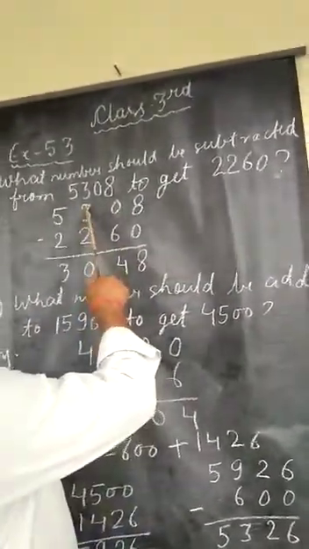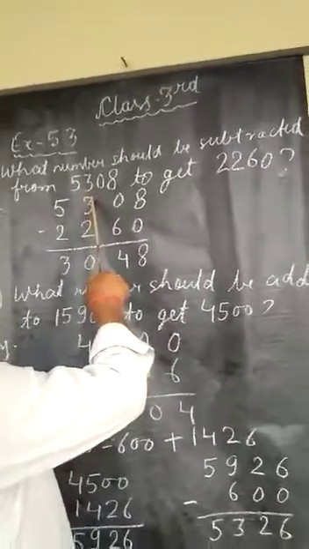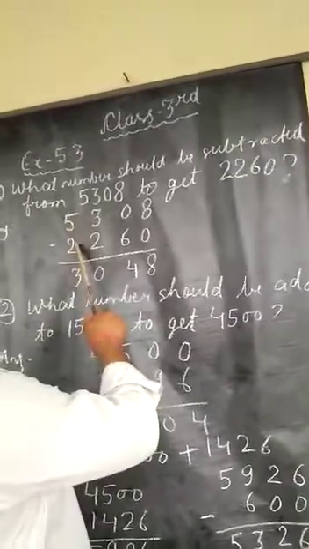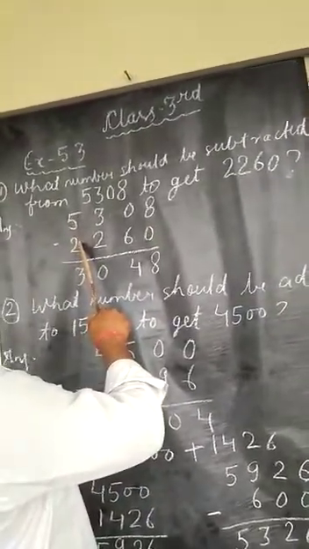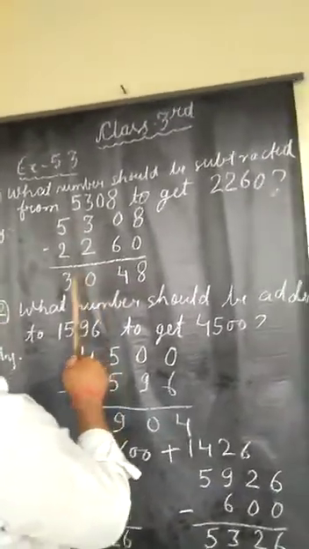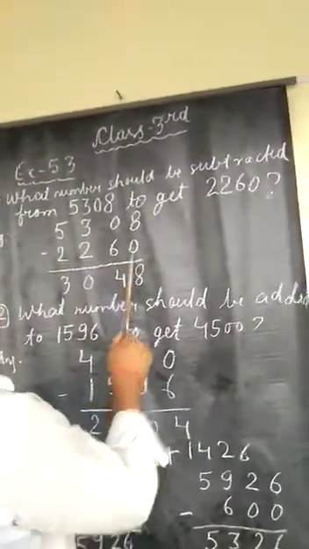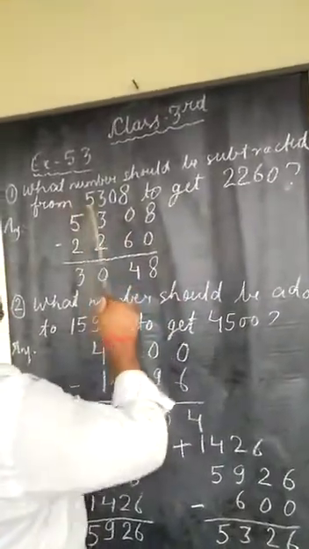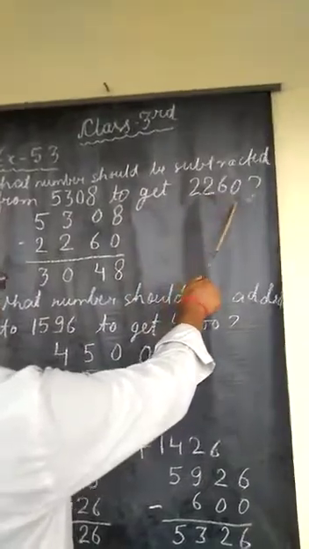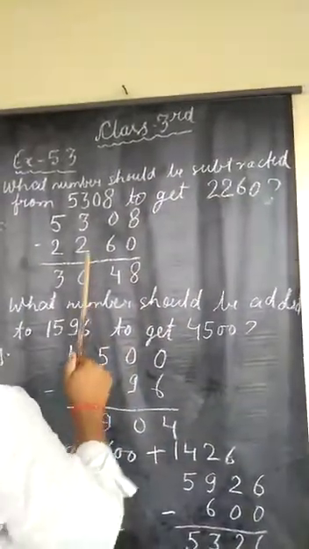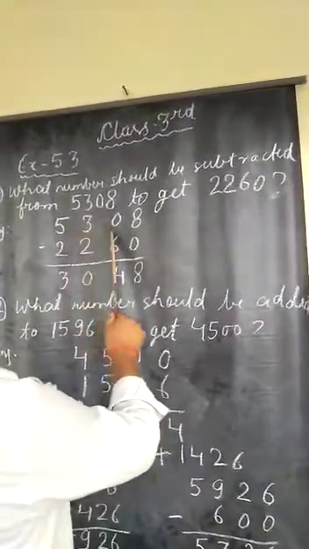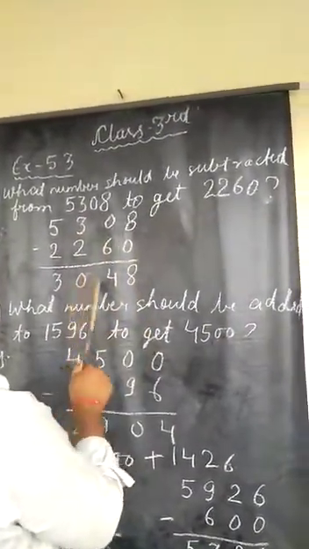After borrowing, the left number 2 minus 2 equals 0, and 5 minus 2 we get 3. Hence 3048 subtracted from 5308 gives 2260. Which means if we subtract 2260 from 5308 we get 3048.